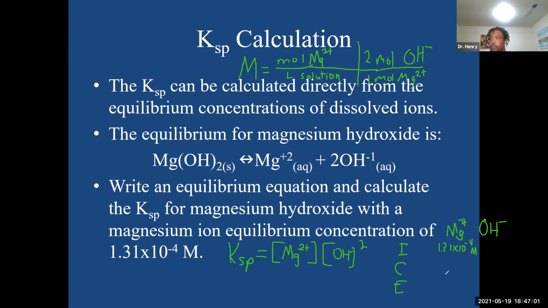So right now I have 1.31 times 10 to the minus 4 molar. So if I multiply that times 2, I would get what I'm actually starting out with my hydroxide ion. Is that true? So that would be 2.62 times 10 to the minus 4 molar.